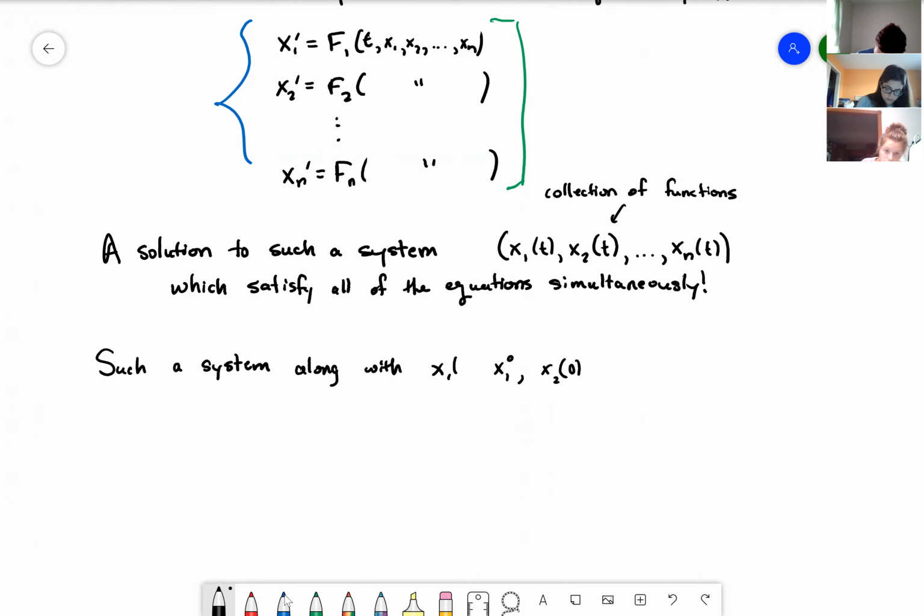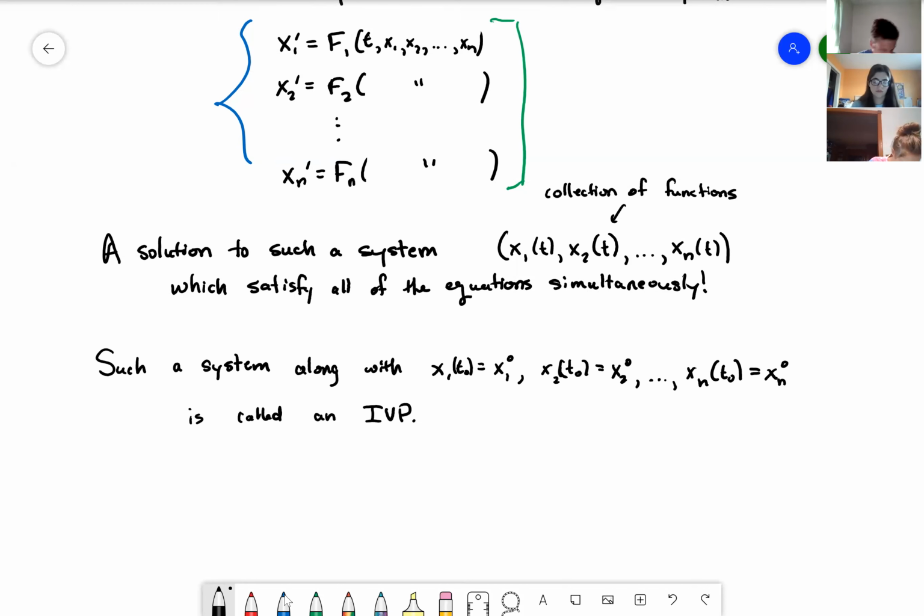Well, let's be even a little more general. We'll say we're getting it at our initial time t0. That's x2, 0, up to xn of t0 equals xn, 0. So these are obviously initial conditions. It's called an initial value problem, but in this case, for a system of ODEs.